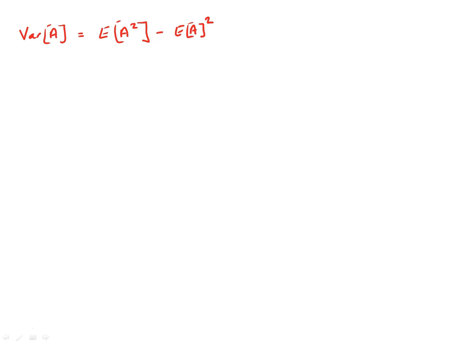For the variance of A, well, we need to remember that the variance of A is the expected value of A squared minus the expected value of A all squared. So that's the expected value of pi r squared itself squared minus the expected value of A squared.